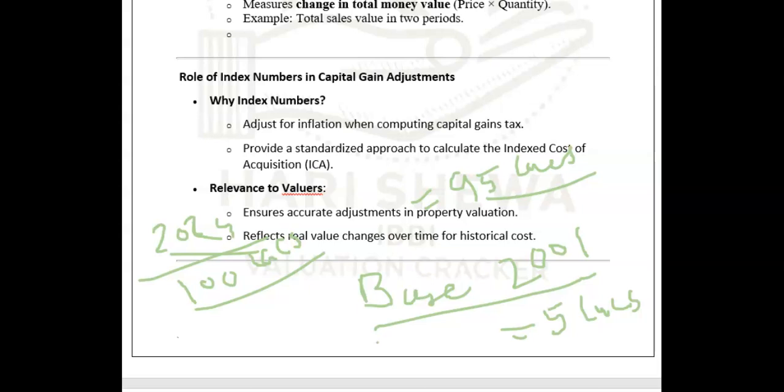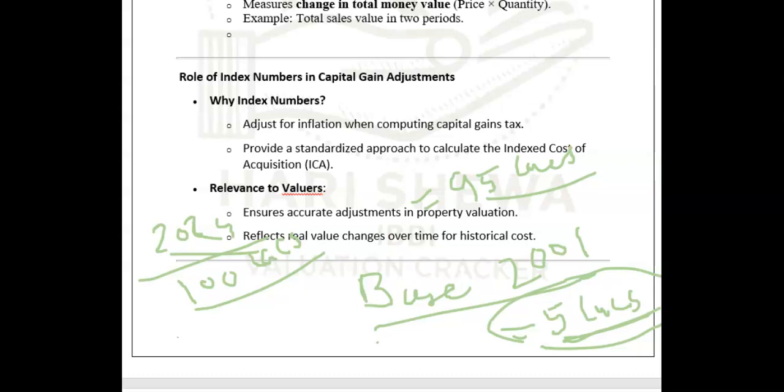But this is not the correct 95. You have constructed for 5 lakhs in 2001. Due to the increase in prices, this 5 lakhs value has also increased due to inflation.